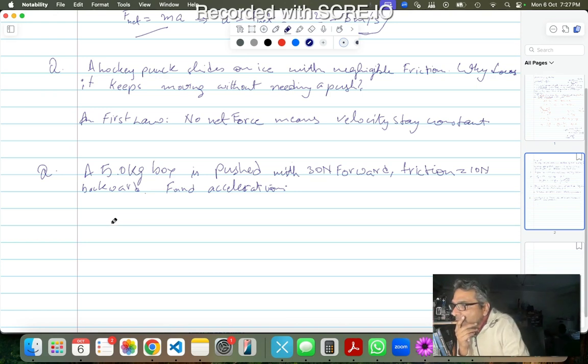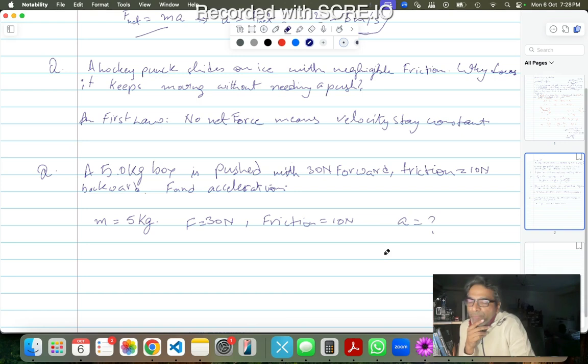You are saying mass, I'm going with you, okay? Mass equals 5 kg. Then force, friction is 10 Newton. And then what we need to find? Acceleration. Now tell me how we can move forward.